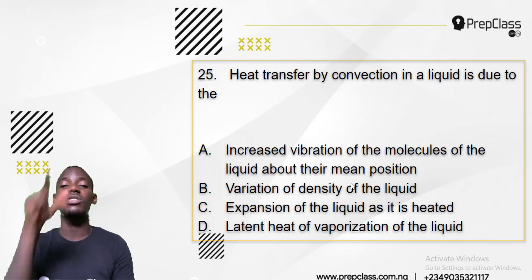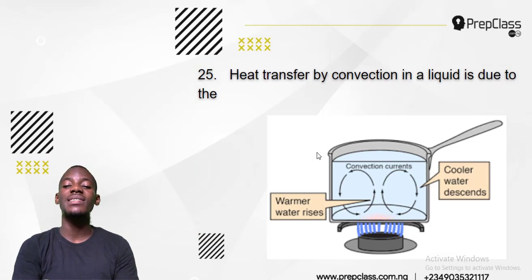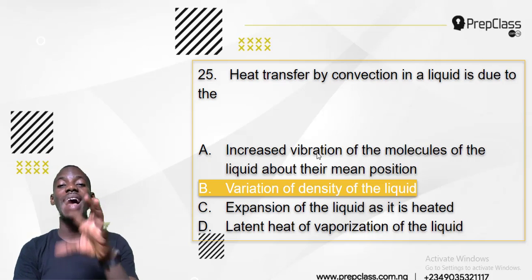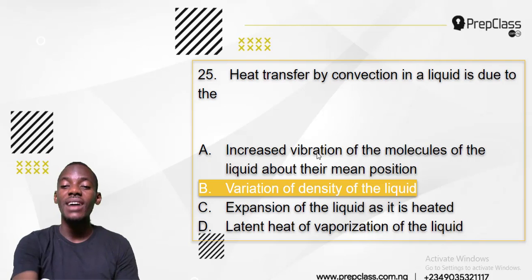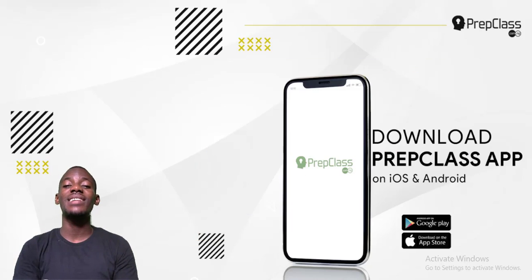So that's the way it continues to rotate, and a convection current system is formed, and that will now give us our answer. So the answer is variation of density. Some of the water is denser or heavier than some, and that's the reason why we have convection in liquid, and that is the answer for that question.